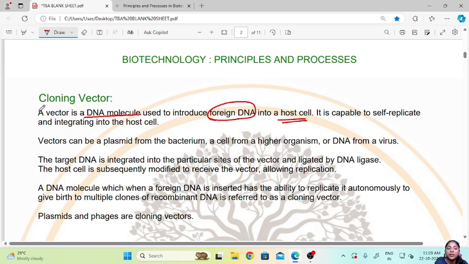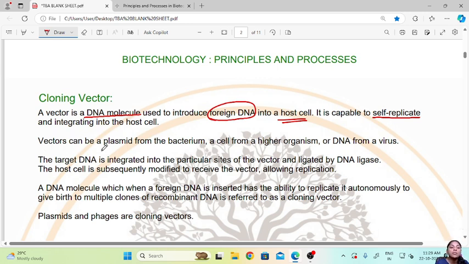So a vector is a DNA molecule used to introduce the foreign DNA into a host cell. It is capable of self-replicating in the host cell and integrating itself into the host cell.